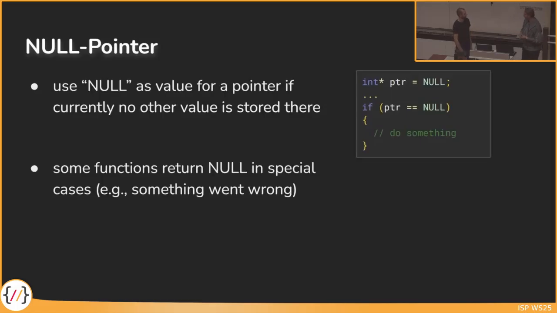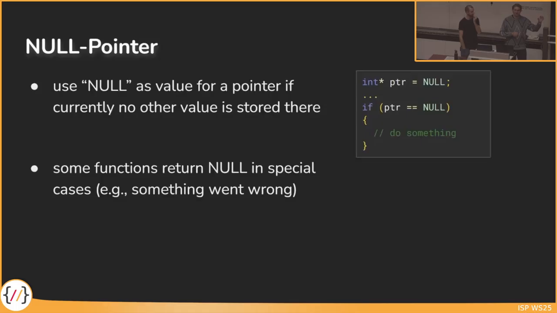What's the difference between null and 0? It's a very good question. Actually, there's not really a difference. It's just a convention. You should always use null if you're using a pointer and compare a pointer with the value 0.